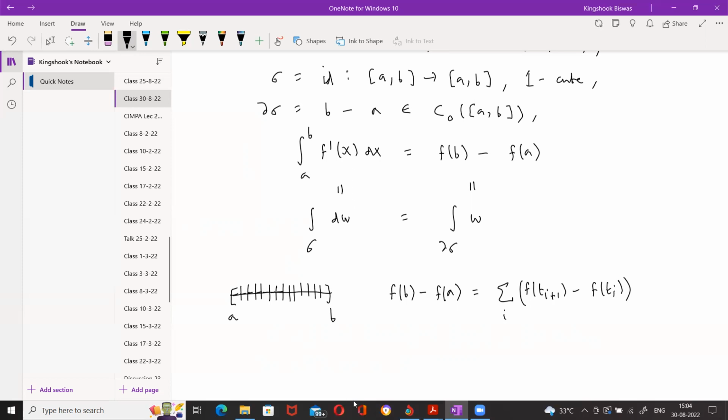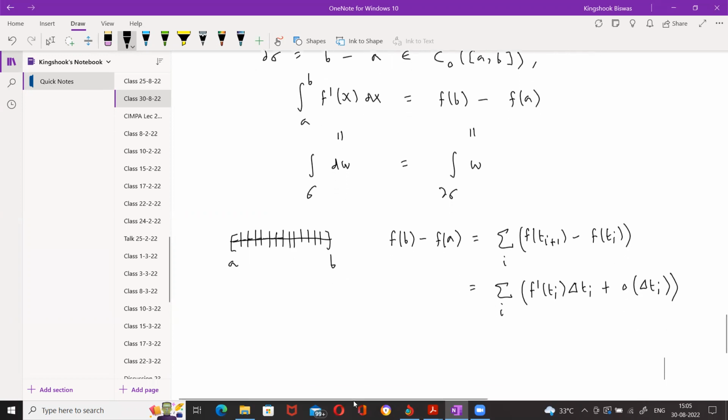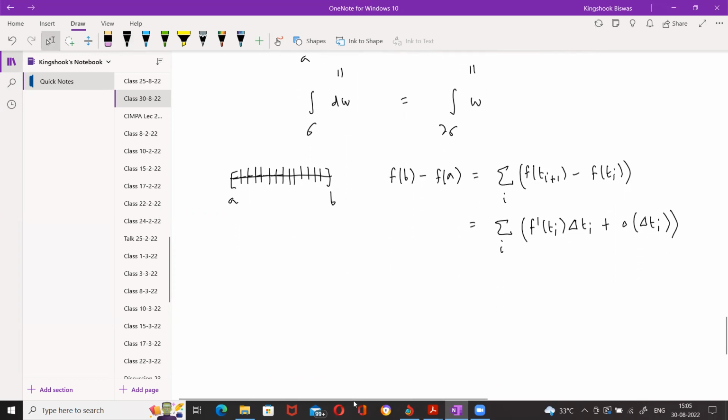And now each of these, by definition of the derivative, since f is C1, is approximately equal to f prime of t_i times delta t_i plus something which is little o of delta t_i.